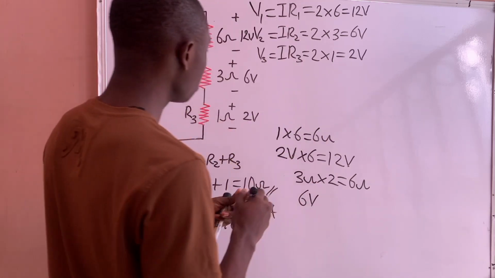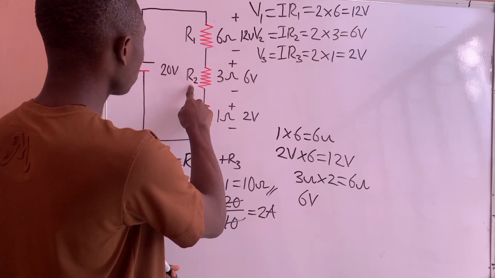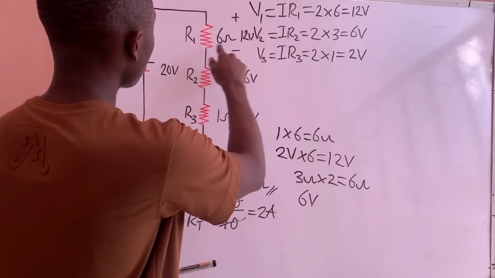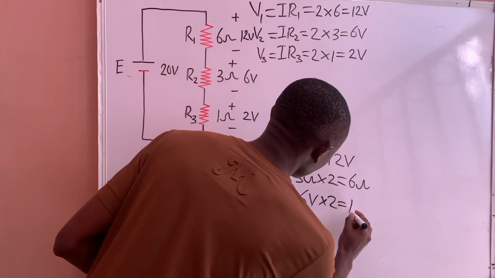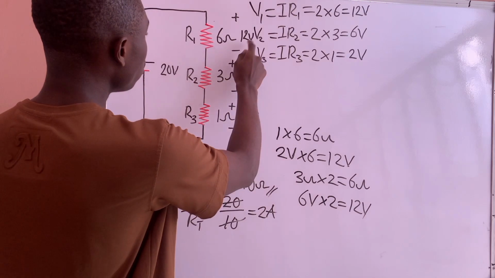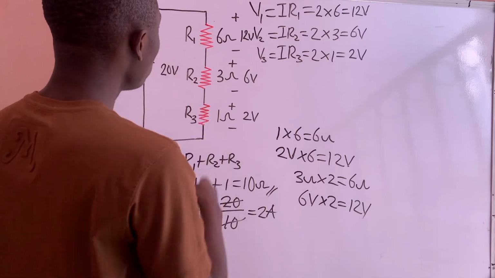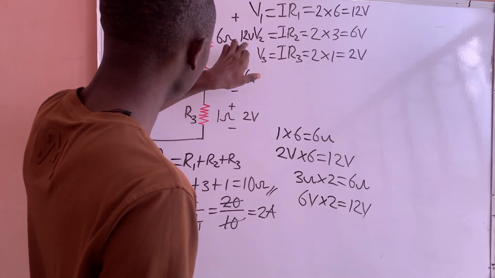If we multiply 2 by the voltage level of resistor R2, it will give us the voltage level of resistor R1. We have 12 volts.